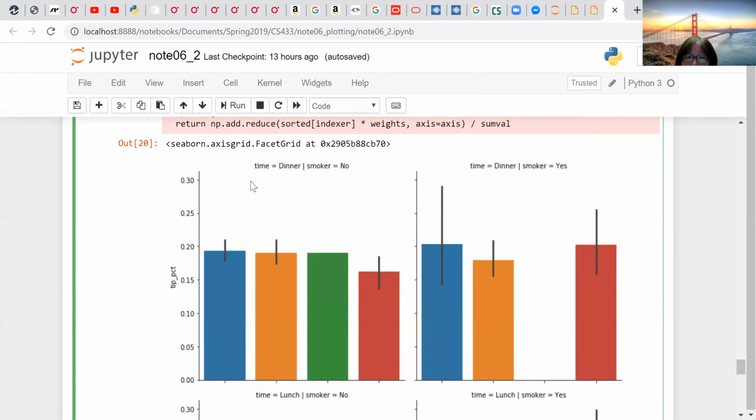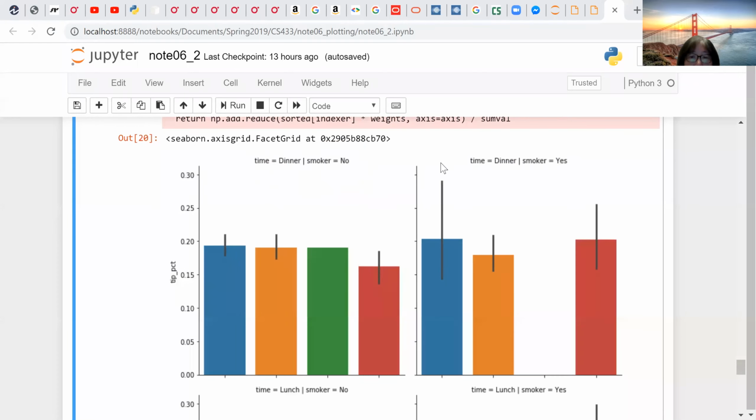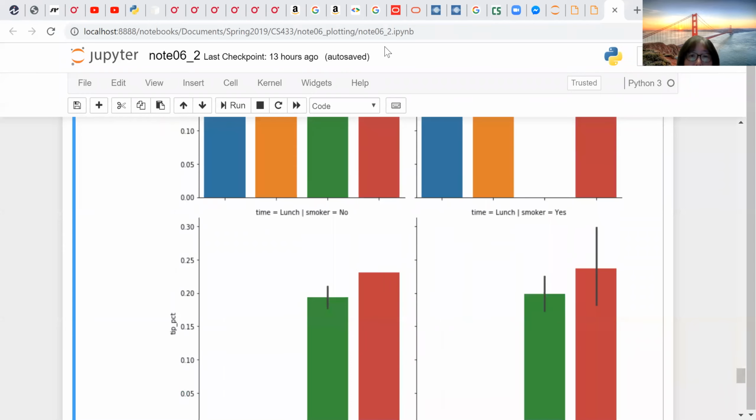The first row is regarding dinner, and the second row, the time is regarding lunch.